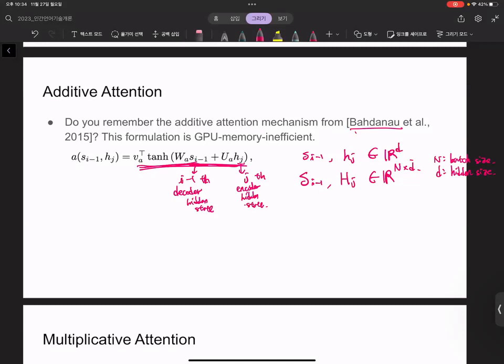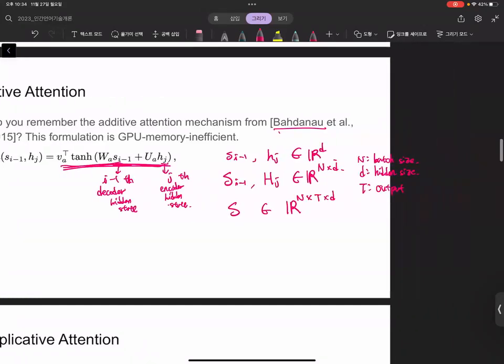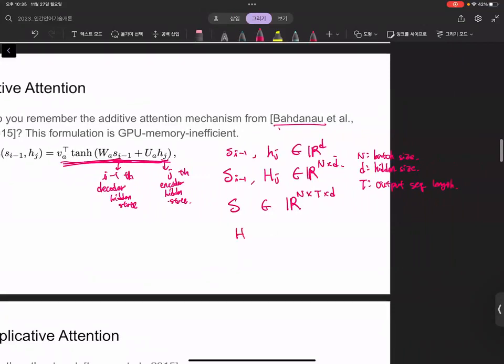Now we want to further parallelize this by removing the index. So now S and H have different sizes. S is n by T by d. T is the output sequence length. H is n by L by d. L is the input sequence length.